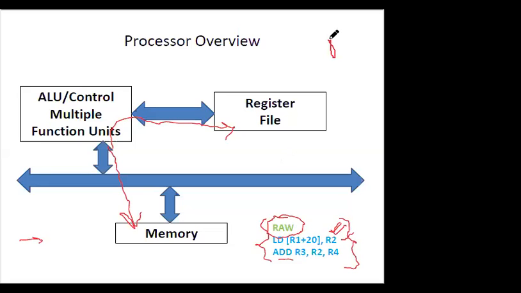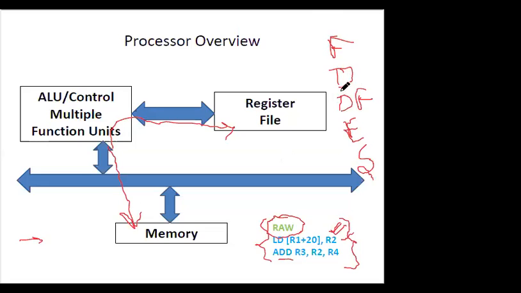So we have fetch, decode, data fetch, execute, and store. These are the 5 stages of the pipelining.